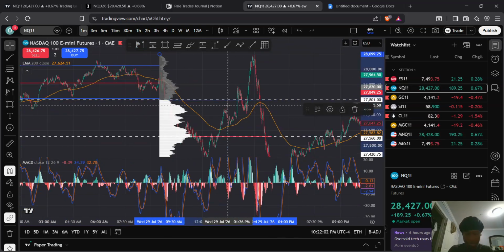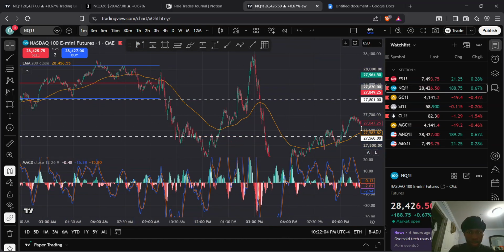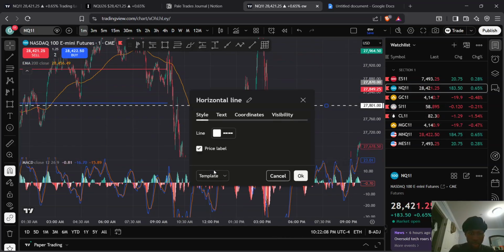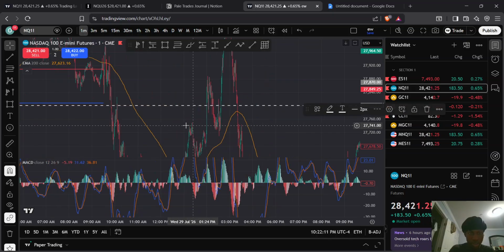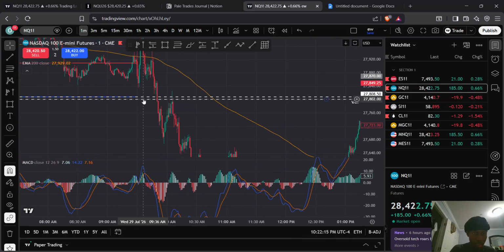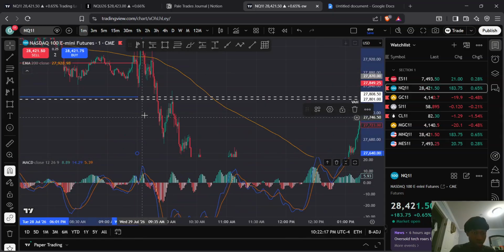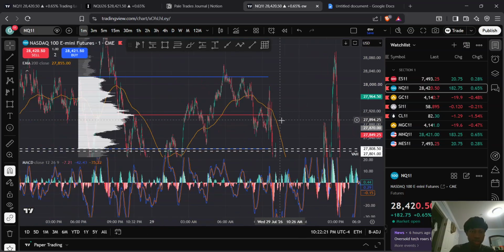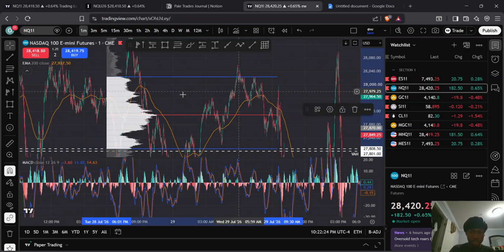Then okay, let's get rid of this. Let's put this as value area high so we're able to remember. Okay, you can see here after we draw the volume profile, this would be our Asia session volume profile, right? We draw it from 6 p.m. all the way to 9:30 a.m.